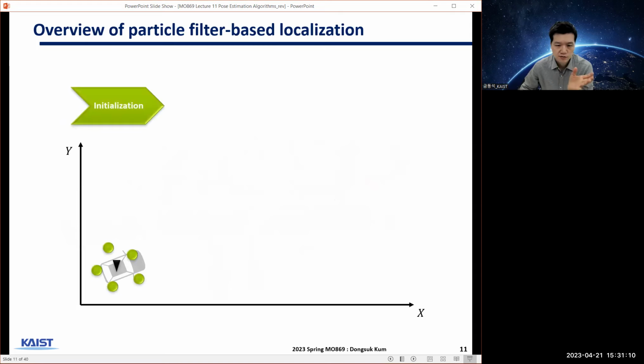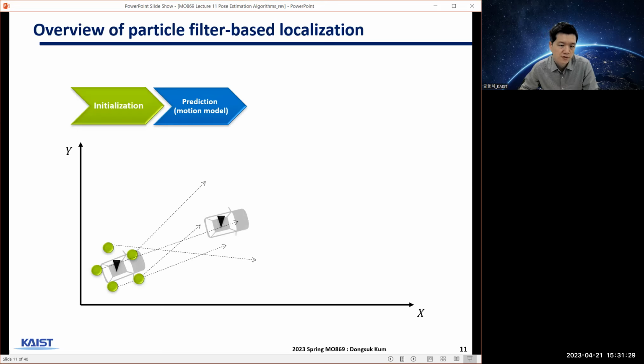So we need to initialize. We can start with a uniform distribution, and then we use the motion model and action input. Then that will take us to a distribution that is probably more spread, because the motion model also introduces uncertainties.